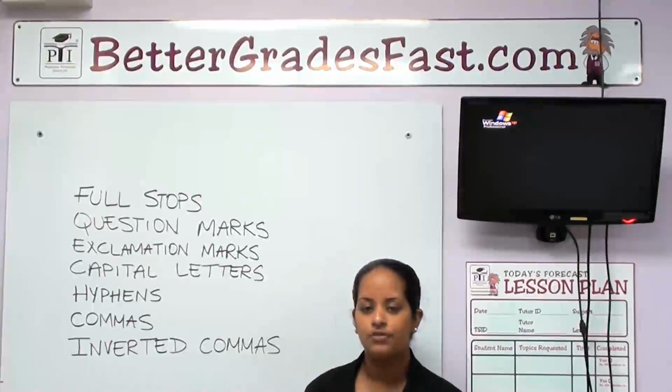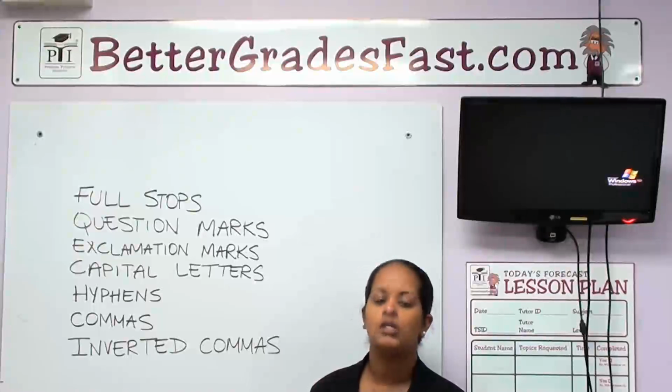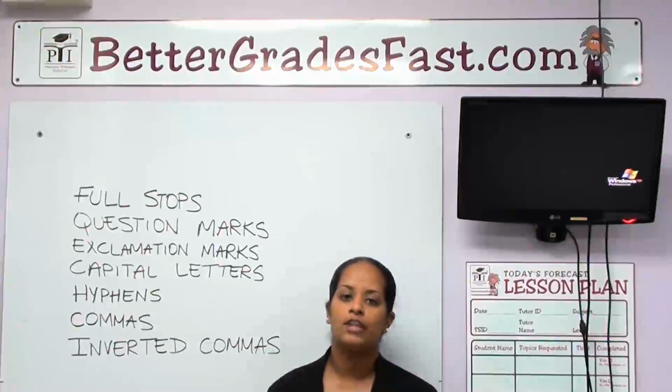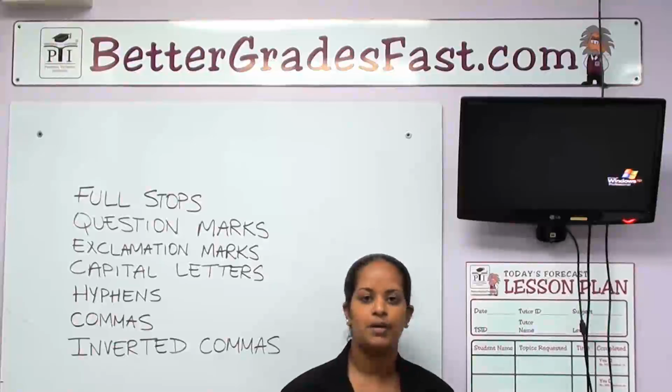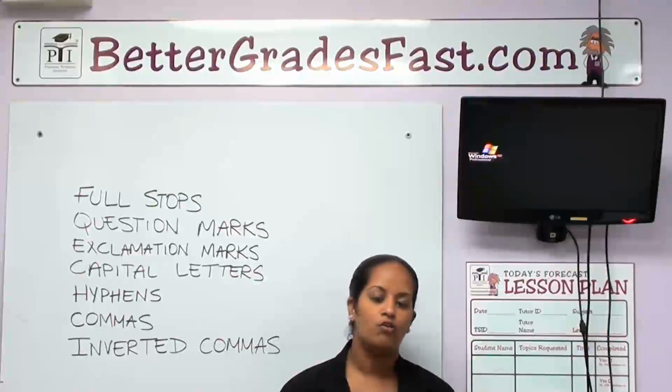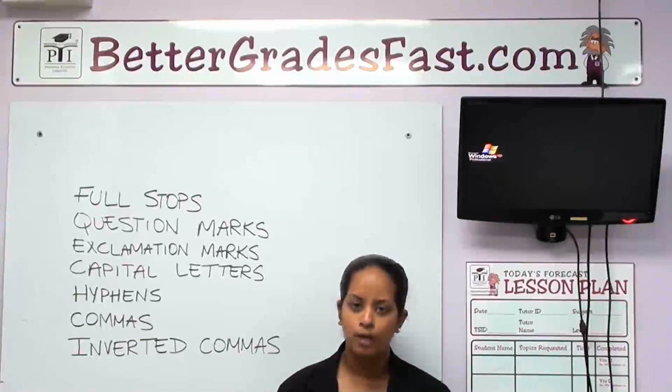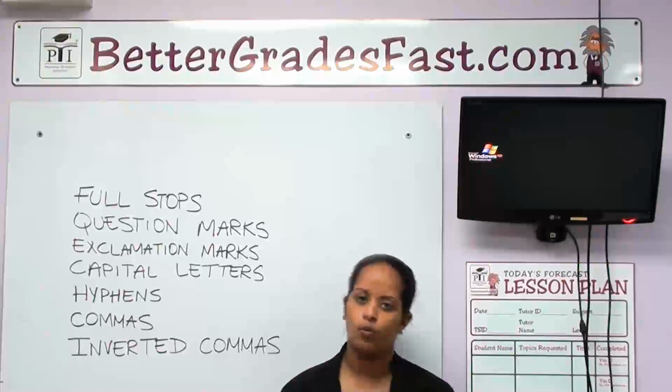Commas are very useful and should be used according to their correct uses. They should not just be placed in a sentence randomly, because you will lose marks if you place a comma where it should not be.